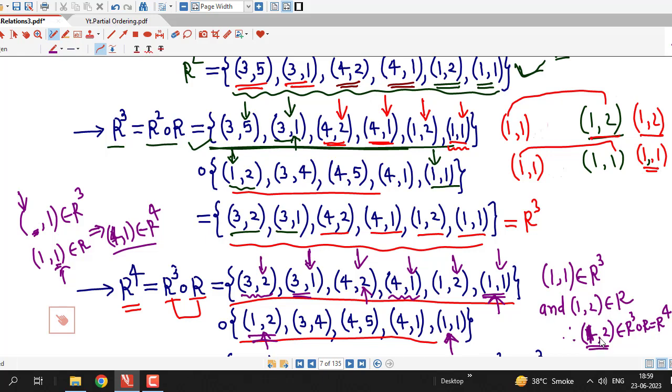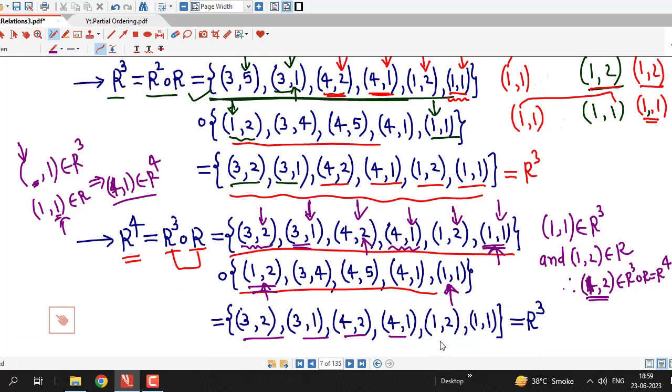So again I obtain 2 ordered pairs (1, 2) and (1, 1). So this is R4. And if we compare these two sets, we can see all the elements are the same, or these two sets are subsets of each other. You can see (3, 2) is there, (3, 1), (4, 2), (4, 1), (1, 2) and (1, 1). So these two sets are exactly equal.